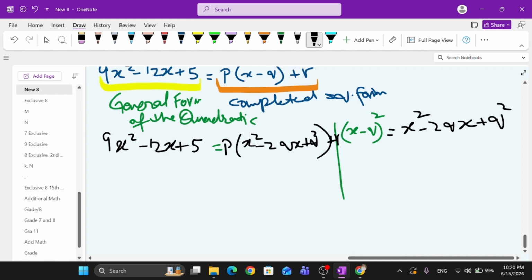Actually, our method is to compare the coefficients of the terms.